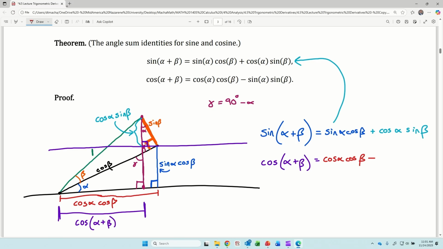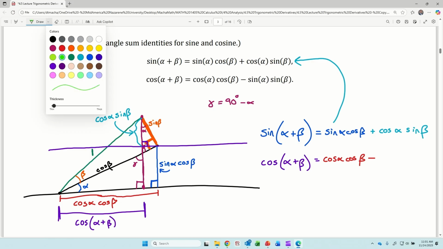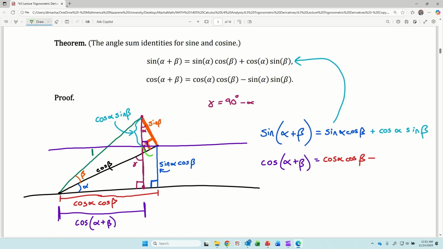Well, I would like it to be this length in here, from that point to that point along that horizontal purple line, this tiny little horizontal line segment, that would be the difference. So if I take red minus lime green, I should get the purple length.